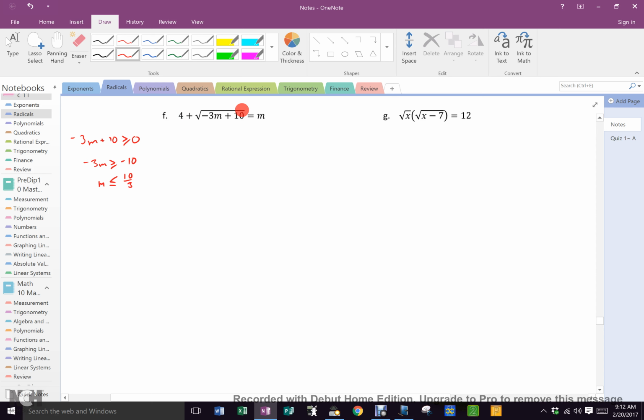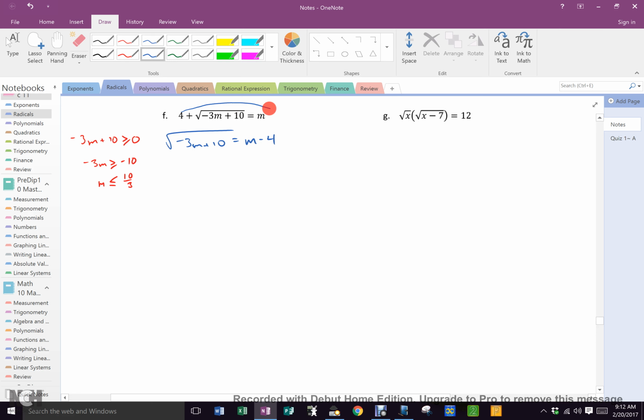So what do I do here? Same stuff I've been doing all the way along. Isolate the radical. So I'm going to have root negative 3m plus 10 equals what? M minus 4, because the m didn't move.